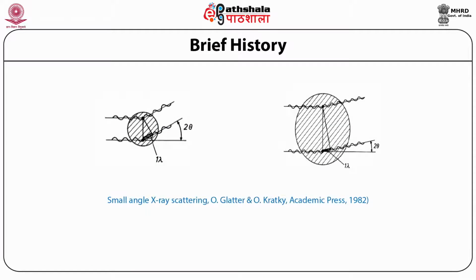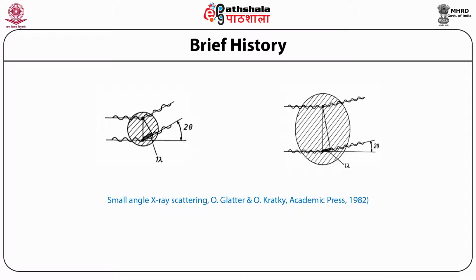Electrons resonate with the frequency of X-rays passing through the objects, and they emit coherent secondary waves which interfere with each other. For the spherical particle, the waves scattered from two identical points, as shown in this figure, diffract at an angle of 2 theta with a path difference of lambda. If the scattering from all points is considered in three dimensions, then the superposition of the waves with all possible phases will essentially lead to low scattering in the direction of 2 theta because of destructive interference.